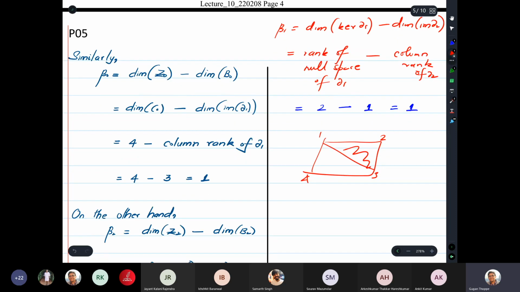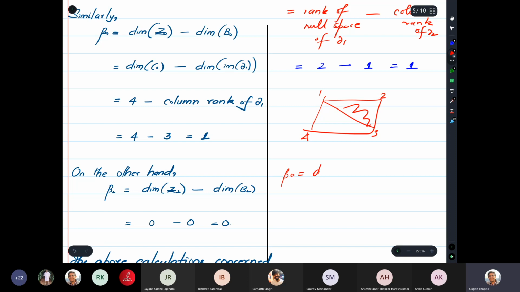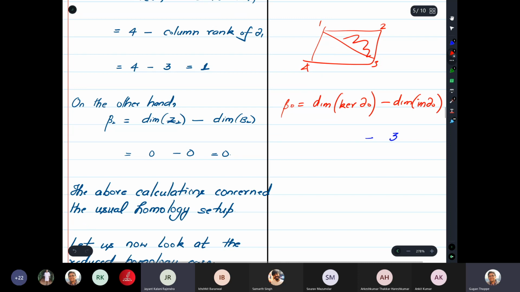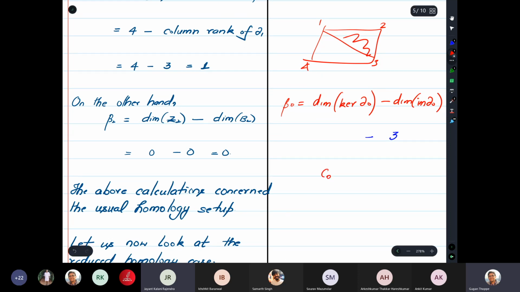So now let's look at beta 0. So beta 0 is the dimension of the kernel of ∂0 minus the dimension of the image of ∂1. What is the image of ∂1? That is something we figured out, so this is 3 over here, and now we have to figure out the dimension of the kernel of ∂0. Now ∂0 is an empty matrix, so we cannot use the things we discussed above, but we recall that C0 is mapped to C minus 1, and since we are working in the usual homology, this is the trivial vector space, which means that every element in C0 is mapped to 0.